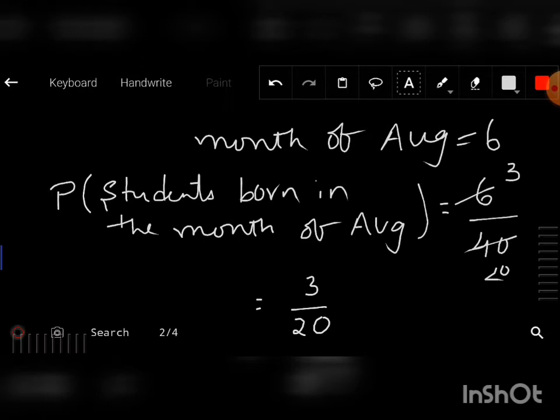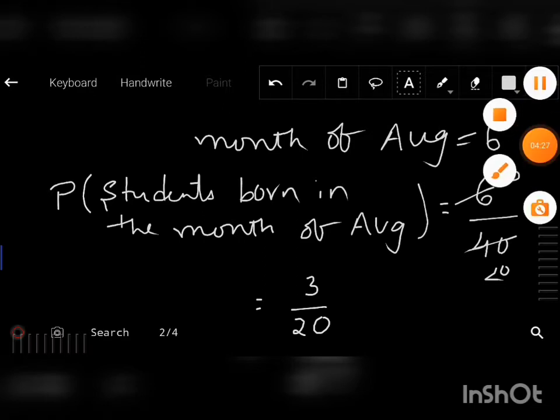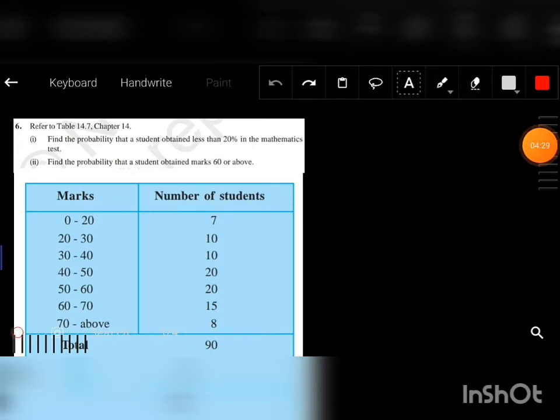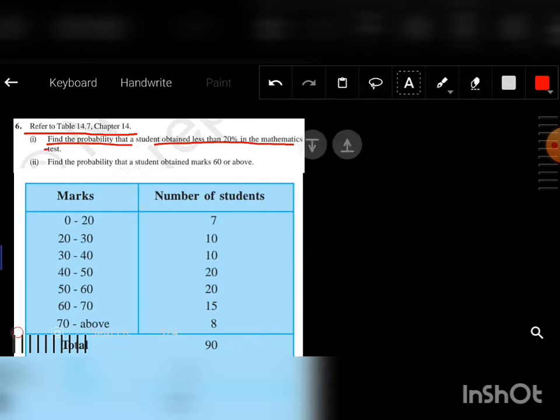Now let us see the sixth problem. Refer to table number 14.7, chapter 14. Find the probability that a student obtains less than 20% in the maths test. And also the second one, find the probability that the student obtains marks 60 or above.